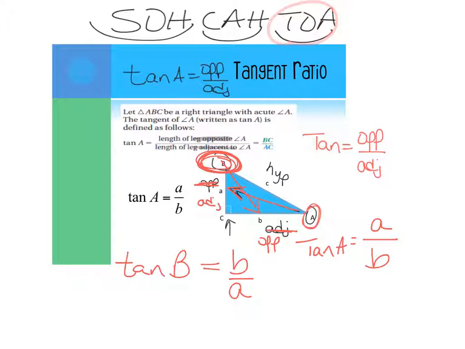Yes? How do you know where adjacent is? Like, I forgot what adjacent is. Okay, adjacent means next to. So the side that's adjacent to angle A would be little b. Technically, on this triangle, let me redraw it here because it's a lot of writing. If this is A, and this is little a, and this is little c, and this is little b, the side that's adjacent to angle A are really two sides.